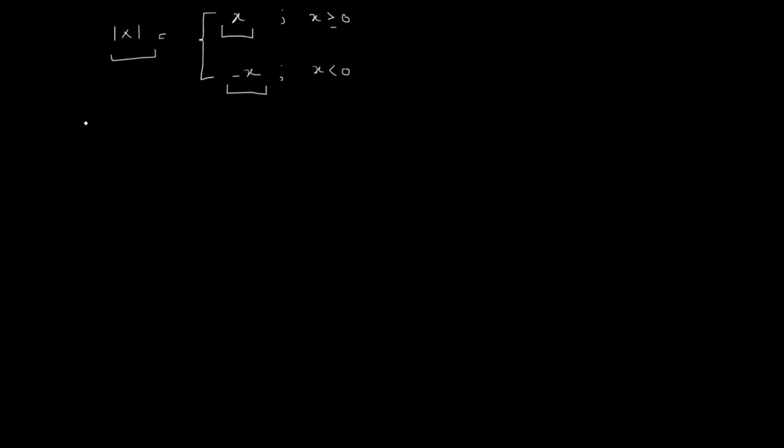So now let's do one example of f of x equals the absolute value of 4x plus 5. Similarly, it will have two cases: 4x plus 5 if x is greater than or equal to 0, and minus 4x plus 5 if x is less than 0.